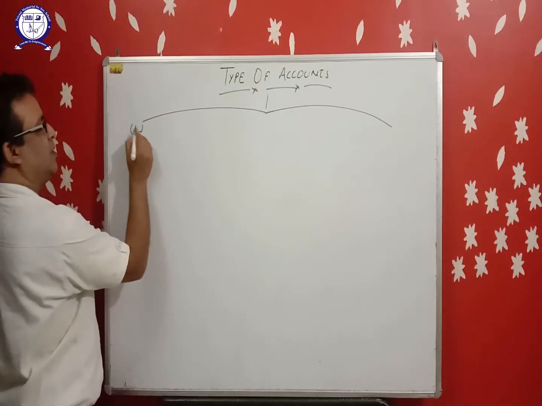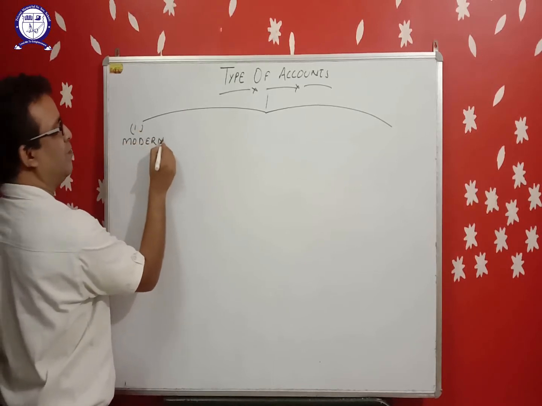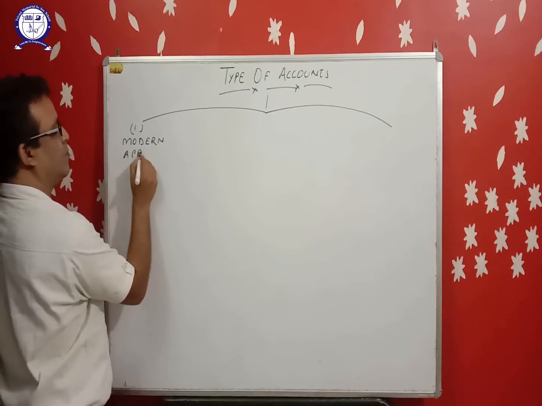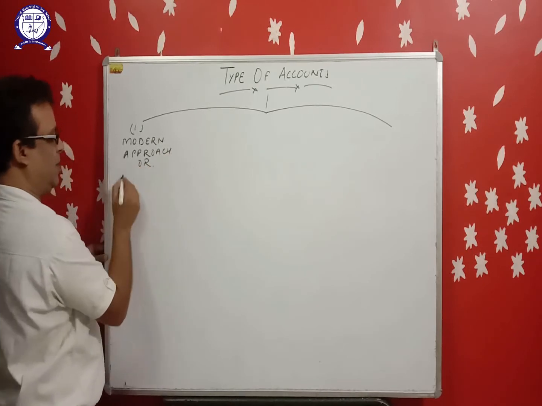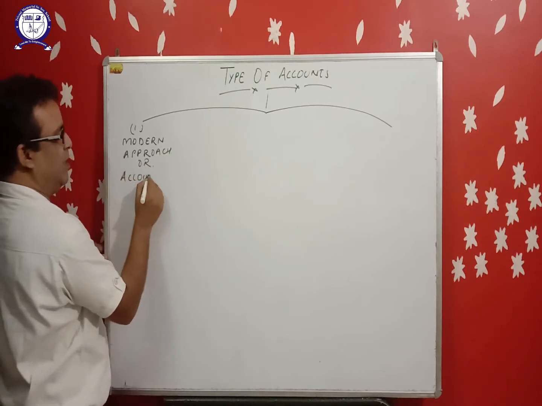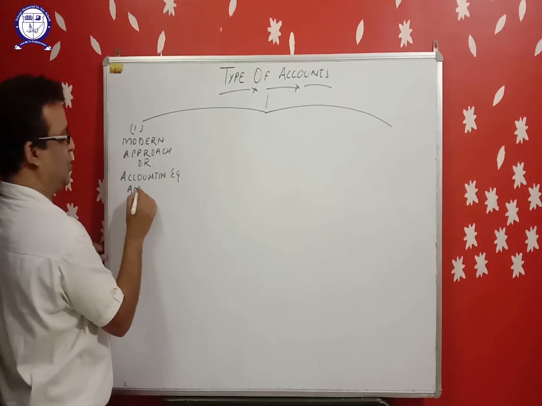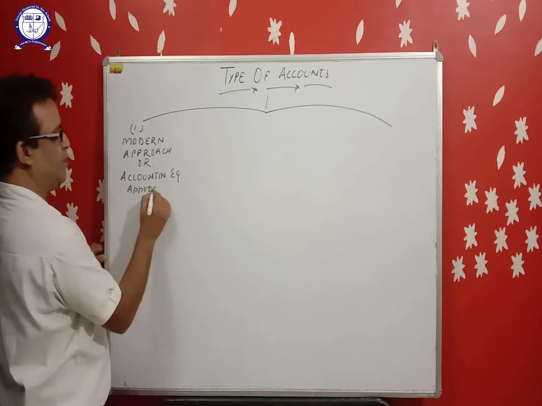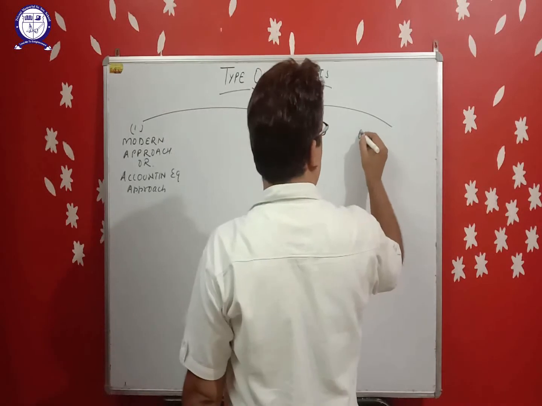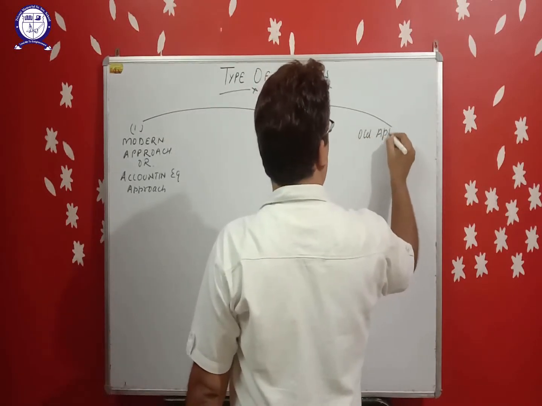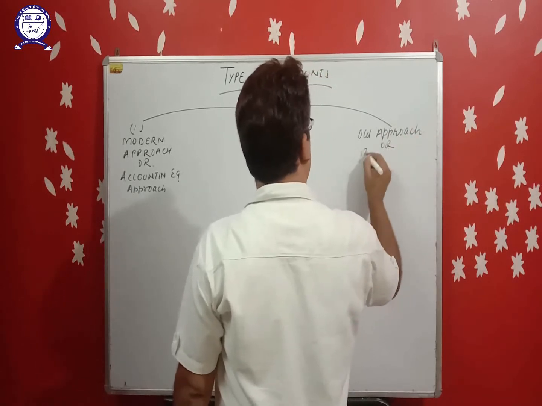First one is modern approach, also called accounting equation approach, and the second one is old approach, or British approach.